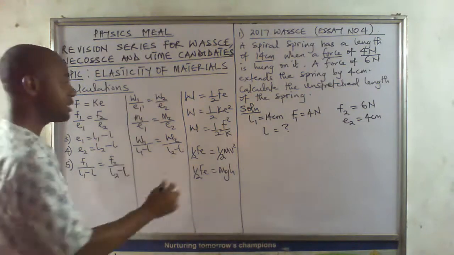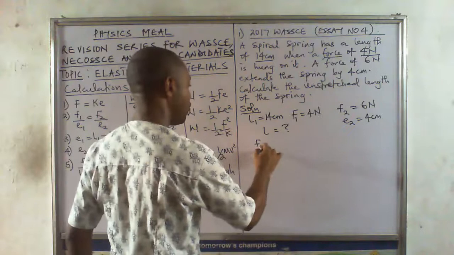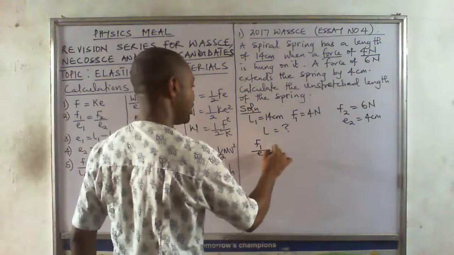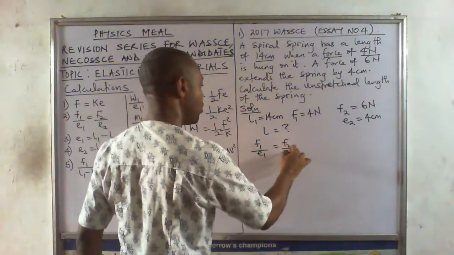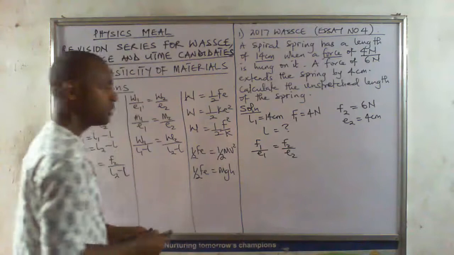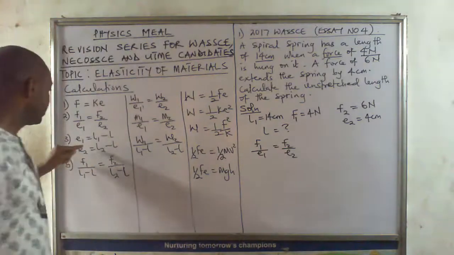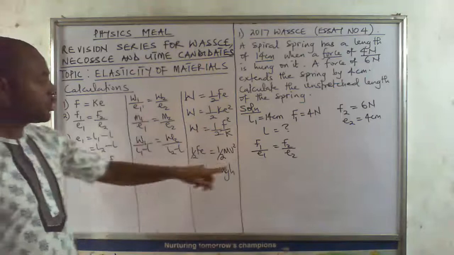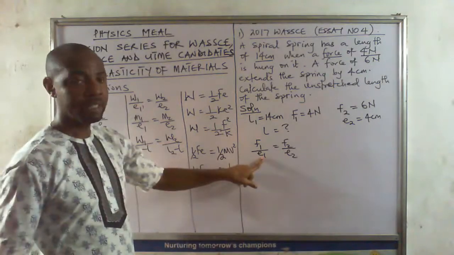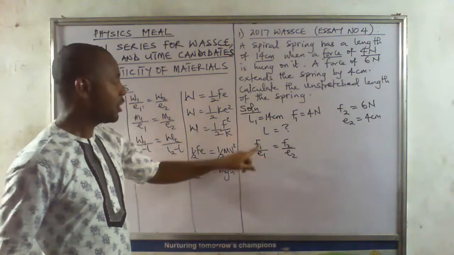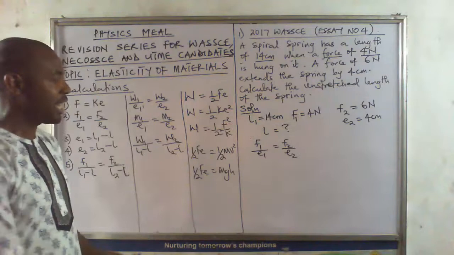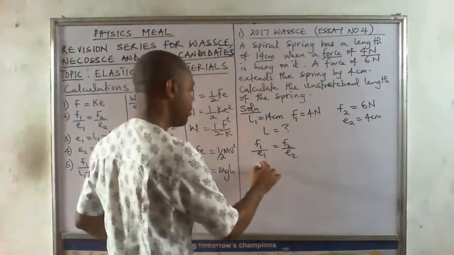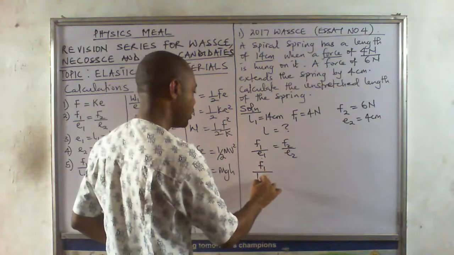So if I write F1 over E1 is equal to F2 over what? E2. Which is this expression. I don't know E1, right? But I know L1. So I can actually write this in the form of F1 over what?